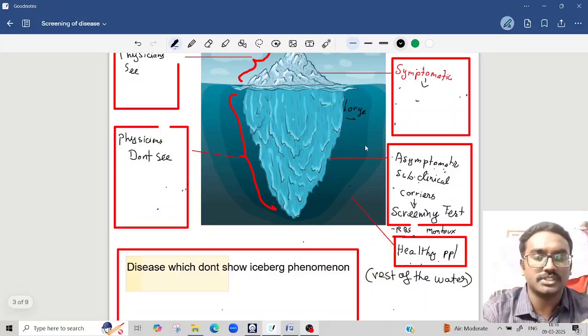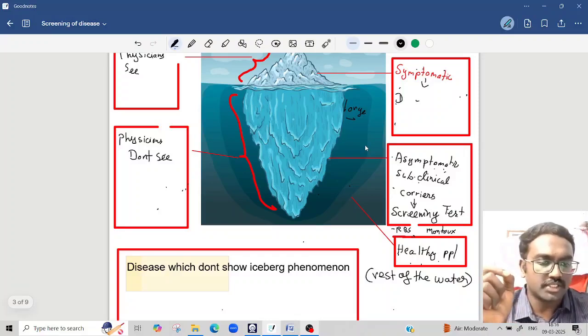They are already showing symptoms, so we have to confirm. They are already coughing, so we have to confirm whether the cough is due to TB or due to any other opportunistic diseases of HIV. That is called a diagnostic test.